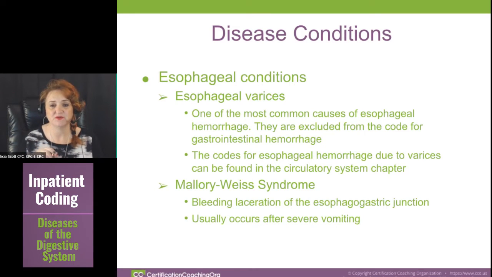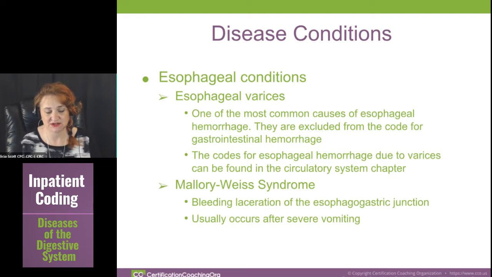So don't get confused if you have an esophageal hemorrhage due to esophageal varices. That is not gastrointestinal. The code will be in a different area. That would be in the circulatory system, because the varices is part of the vascular system.